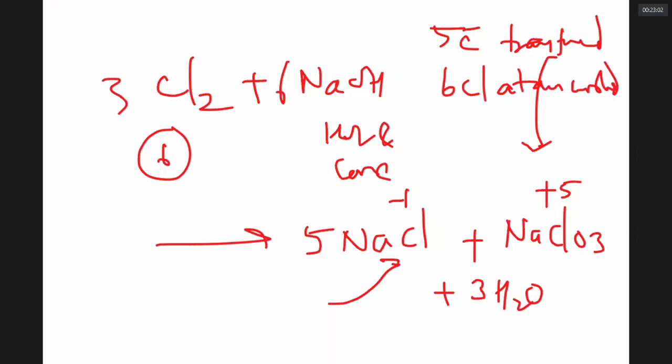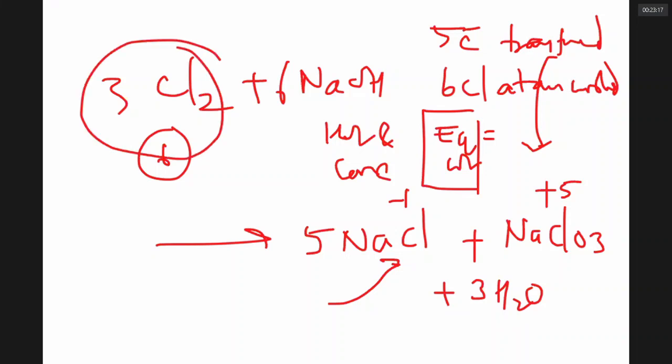So what is the equivalent weight, sir? This is an IIT Advanced question. What is the equivalent weight of chlorine when it reacts with hot concentrated NaOH? When chlorine reacts with hot concentrated NaOH, 3 moles, that is 3 into 71 grams of chlorine would react, where 5 moles of electrons are involved.